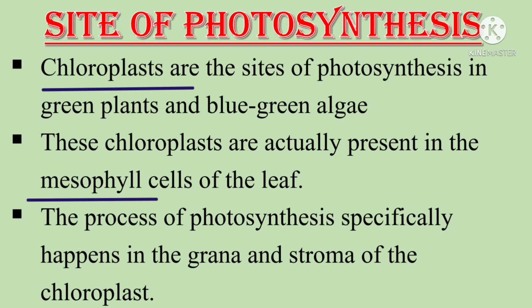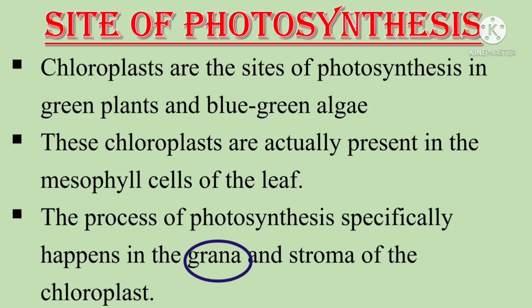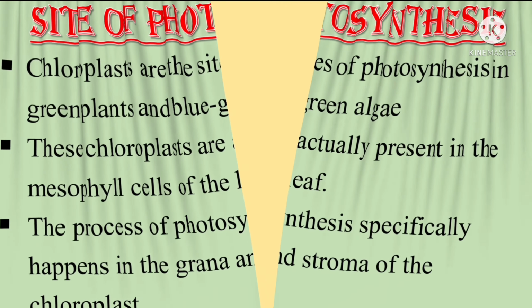Please note that the photosynthetic reactions specifically happen in the grana and stroma of the chloroplast. So hope you are clear where exactly the photosynthetic reactions occur in a leaf. All the reactions involved in the photosynthesis process occur in the grana and stroma of the chloroplast, which is present in the mesophyll cells of the leaf.